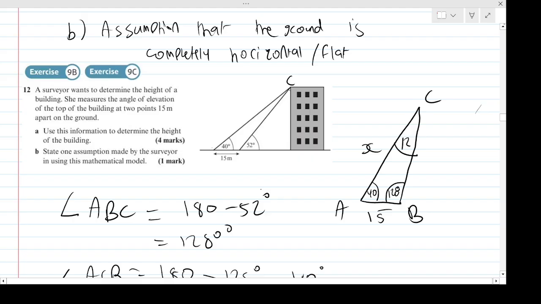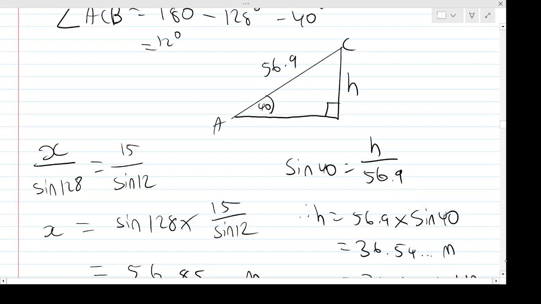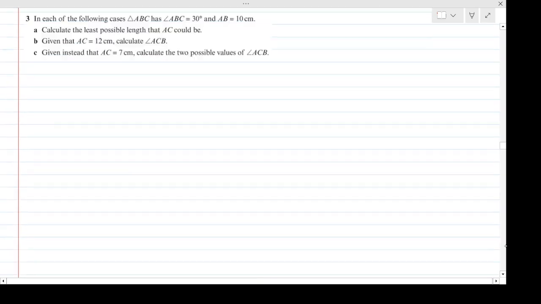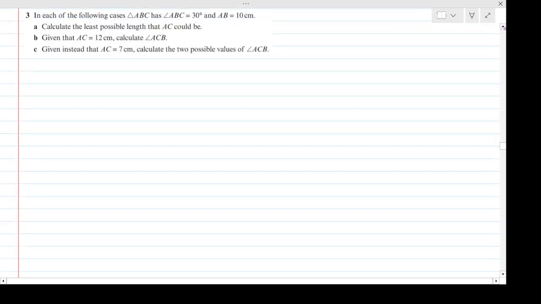So that would affect the model, but that's one assumption. Anyway, quite weird questions. Once you've seen more of them, you start to pick up what things you can say and what they expect. But anyway, I thought I'd throw a bit of modelling in there, just to help deal with that part of the course.